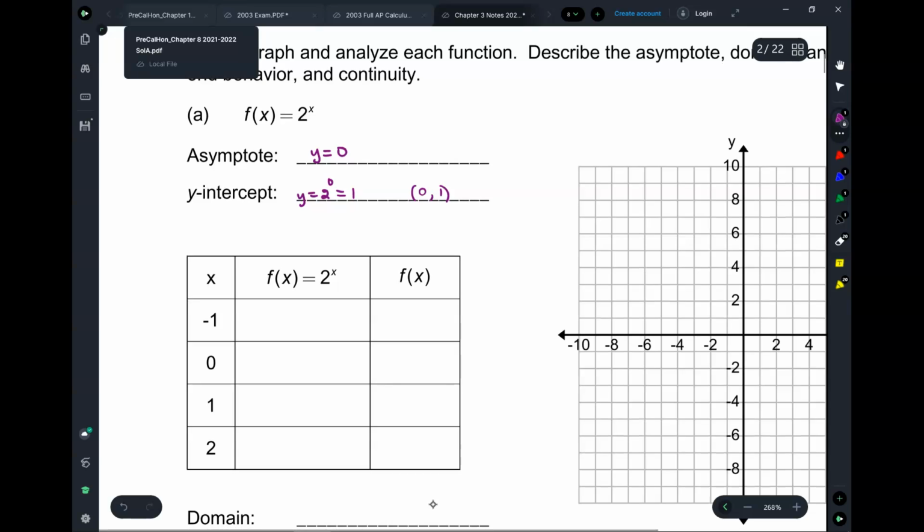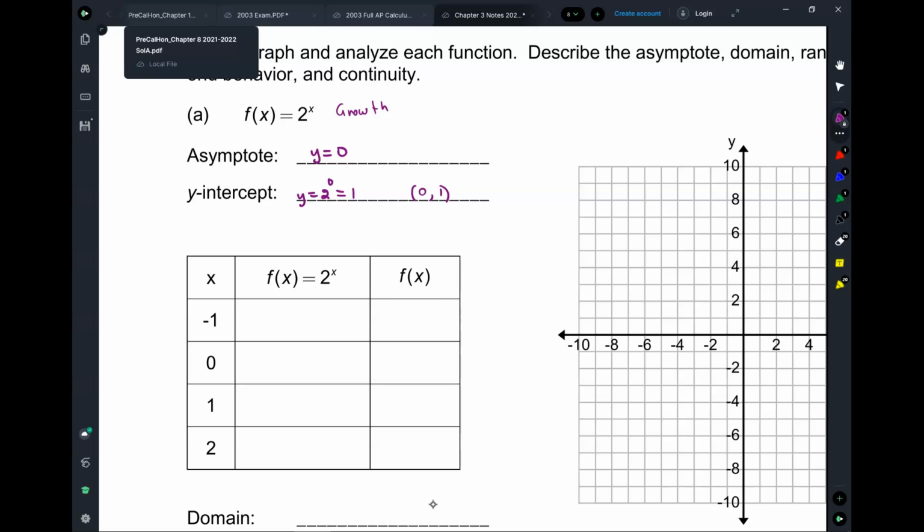Now, to graph, you're going to pick points. Is this growth or decay? Growth. So for growth, I like to pick these numbers: -1, 0, 1, 2. The thing with exponential functions, like we talked about, is the numbers can get very large very quickly. This, I find, gives me some manageable numbers.